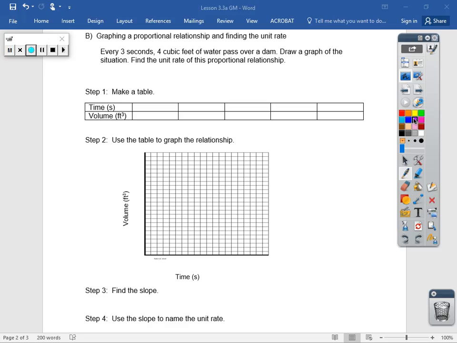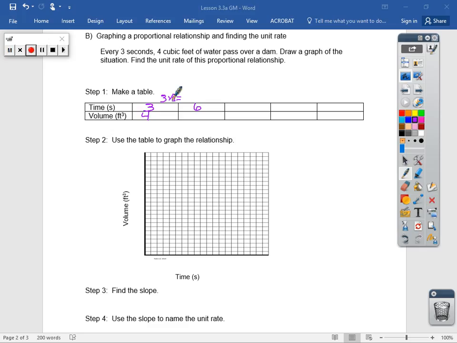First, we're going to make a table. So my time is 3 seconds, and my volume is 4. So if I have 6 seconds, I just multiplied my 3 times 2 to get 6. So I'm going to multiply my 4 times 2. So I'm going to write this up here.